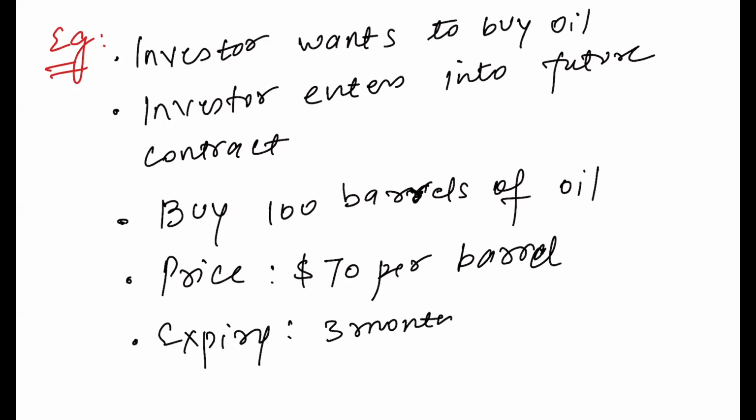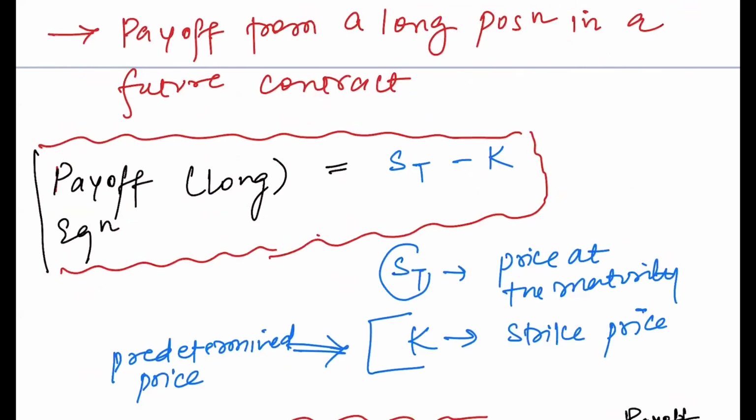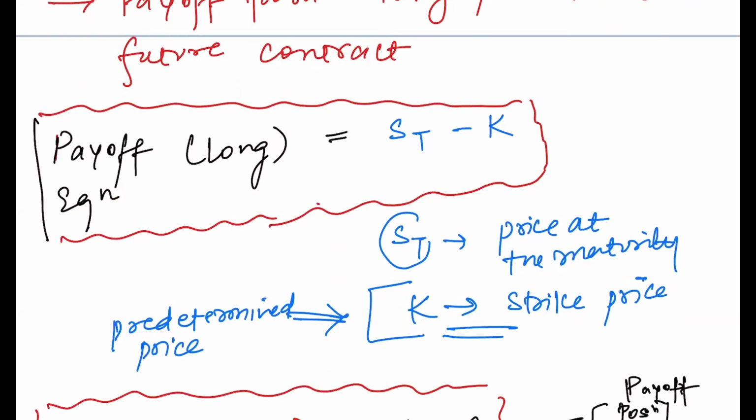Now, right now we have decided that he wants to buy the oil at $70 per barrel. As I said, whenever you have a predetermined price, that becomes your K. K is nothing but your strike price. K refers to the strike price.